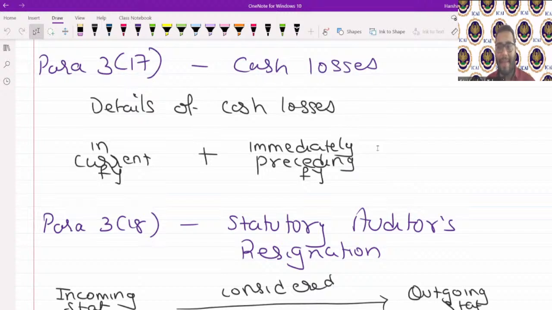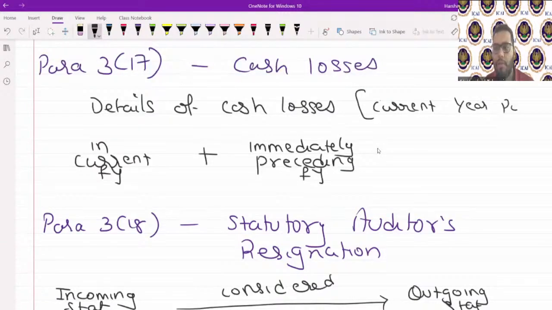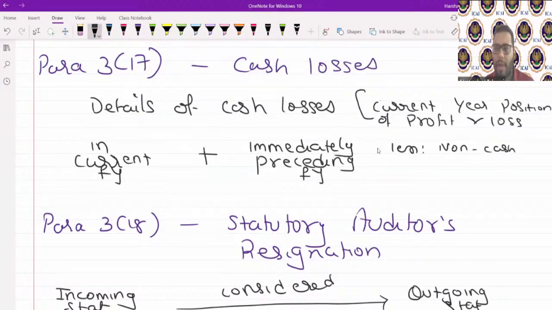Cash losses, as I told you, are nothing but the current year position of profit and loss. Out of that, less non-cash expense.